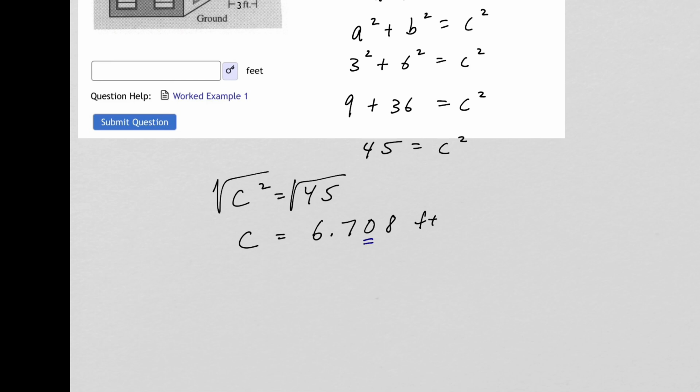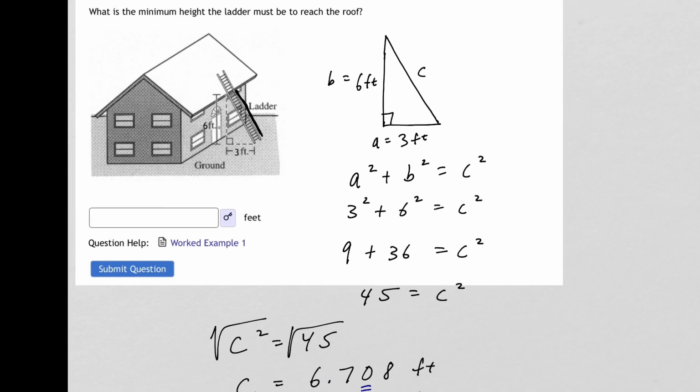I look to the right, it's an 8, right? 5 or greater, so that's got to go up to a 1. So I guess this would be 6.71 feet. That would be the minimum length of the ladder so that it reaches the roof. So this has to be at least 6.71 feet in order for it to reach the roof there.